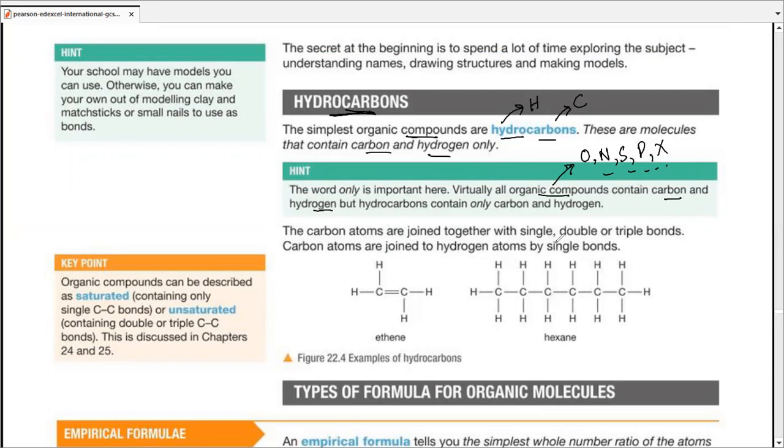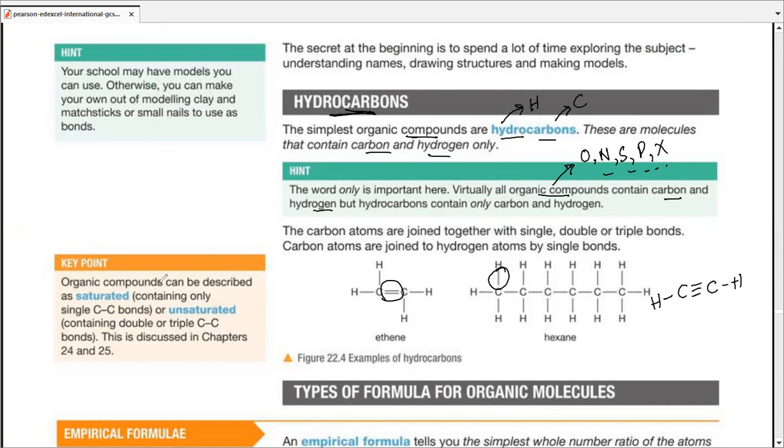So the carbon atoms joined together may be joined with single bonds, like in this case, may be joined with double bonds, like in this case, may be joined with triple bonds, like a case like this, all right? So there can be many different kinds of bond that they can be joined with.